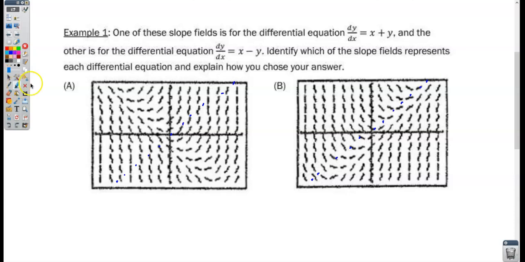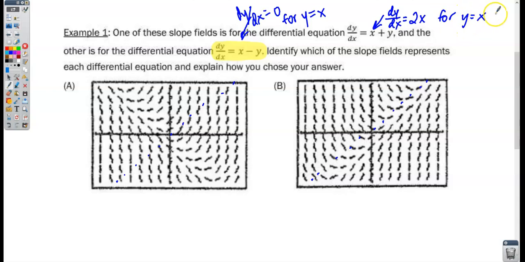For this differential equation, every point along the diagonal y equals x should have a slope of 0. So dy/dx equals 0 for y equals x. Whereas for this slope field, dy/dx equals 2x or 2y for all the points on the line y equals x.